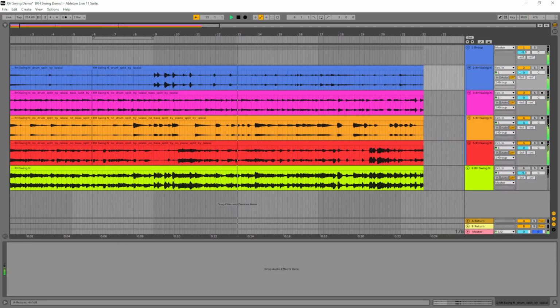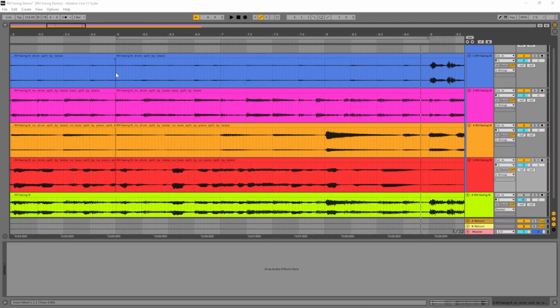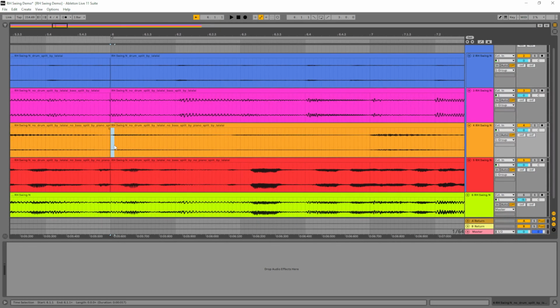Now if I take a look at the timing of the different instruments, I can see that the drums and bass are pretty locked in. Very little deviation in their timing of downbeats. Then the piano usually plays just a little behind them, and the trumpet is usually behind everybody.